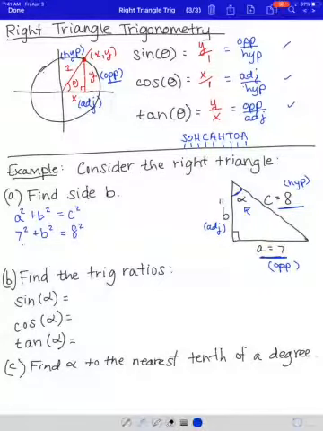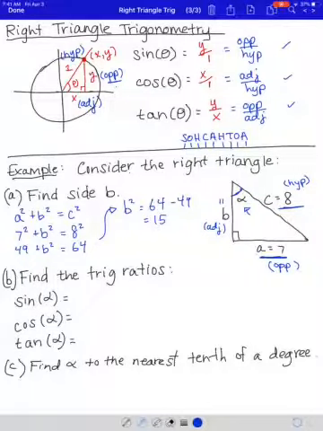So we have 49 plus b squared is equal to 64. If I subtract 49 from both sides, we get b squared is equal to 64 minus 49, which is 15.